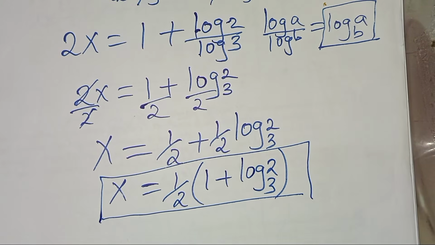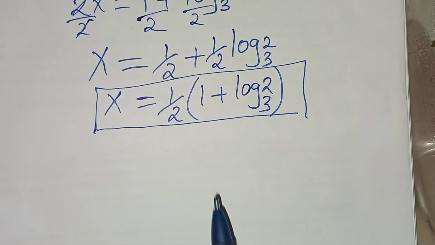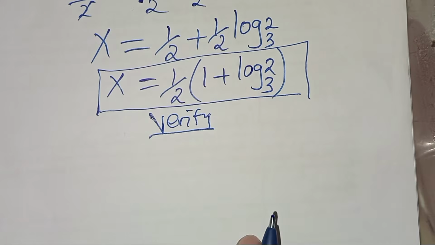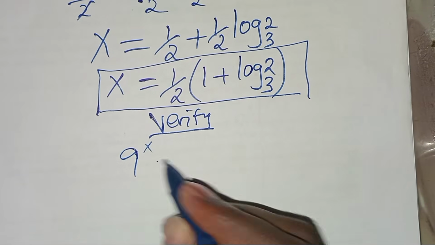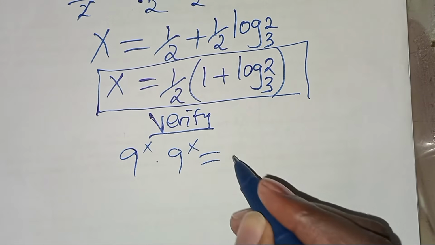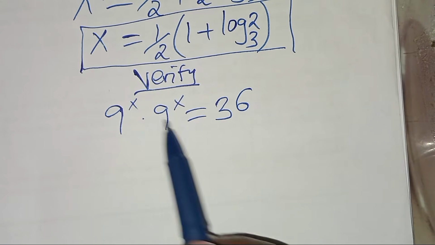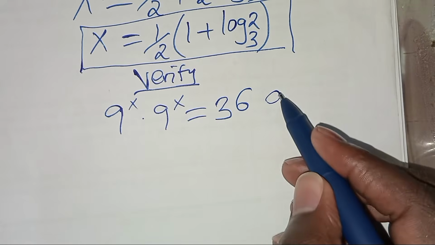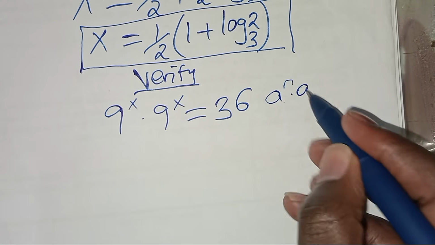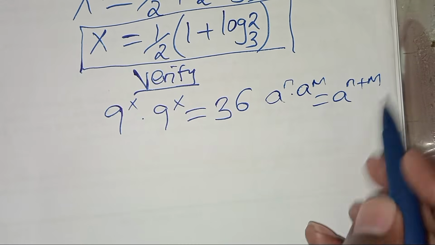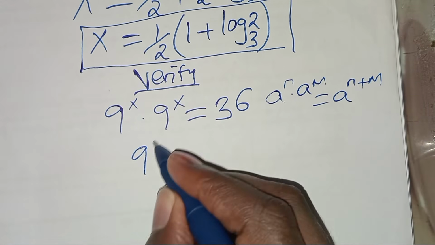Let's verify that this value of x actually satisfies the equation. Now we hint that 9 to power x multiplied by 9 to power x should give us a value of 36. Now you find that 9 to power x times 9 to power x is in the form of a to power n multiplied by a to power m, which we can express as a to power n plus m. Now applying this property, we'll have 9 to power 2x.